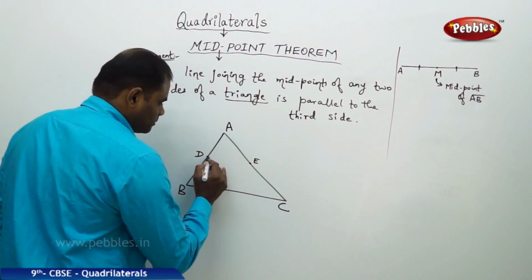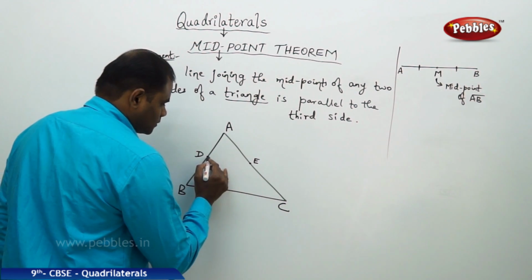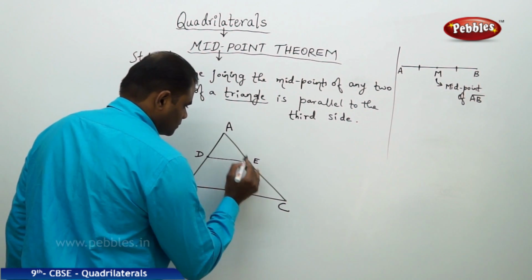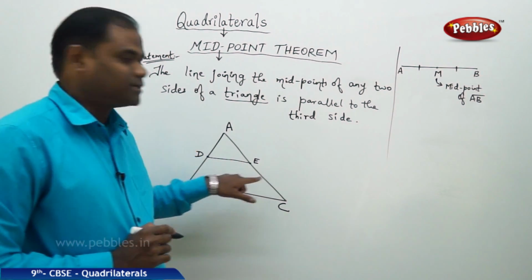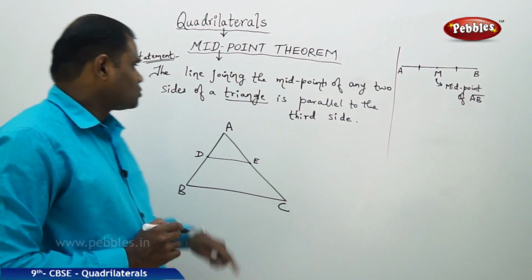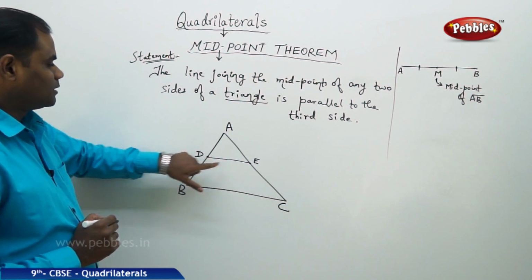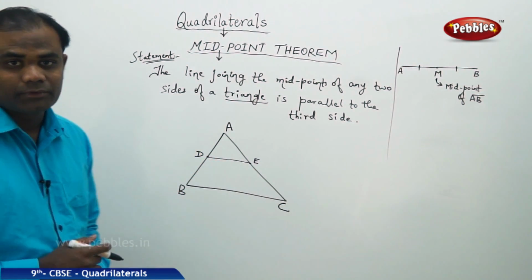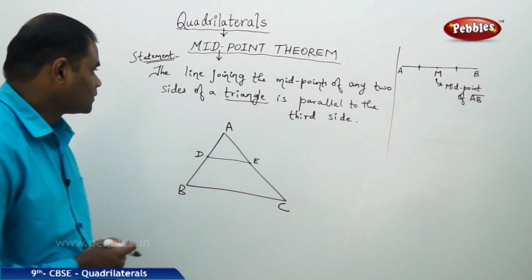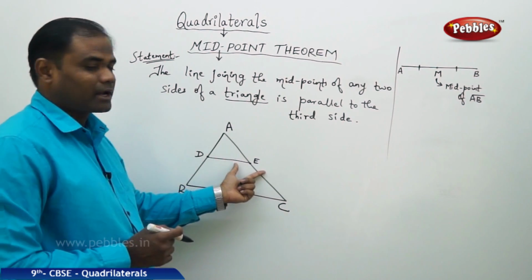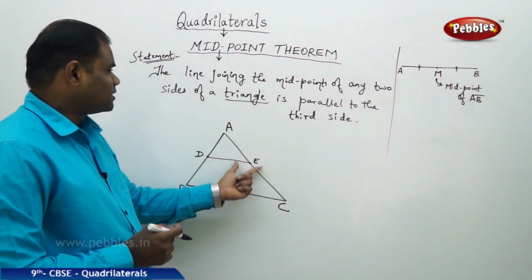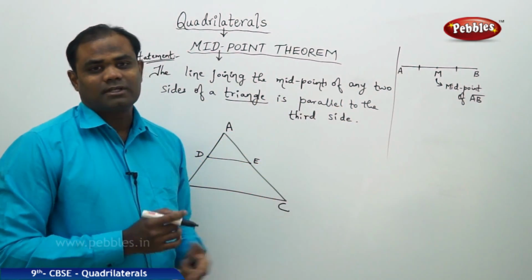Now let me join the line DE. So I have a line segment connecting the two midpoints D and E. The line referred to here is nothing but the line DE in the diagram of triangle ABC. The theorem says that the line which joins the midpoints of any two sides of a triangle, in this case DE, is parallel to the third side.